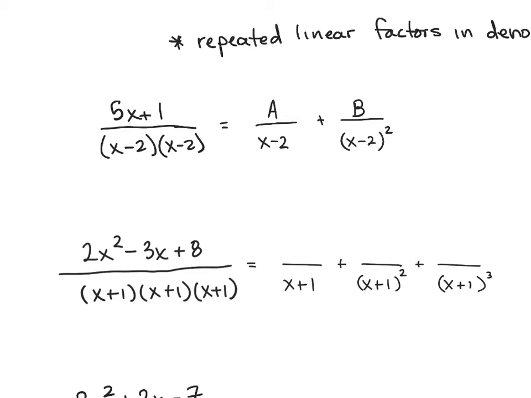Until finally the exponent here needs to match the number of times it repeats. So if it repeats 3 times, you continue to increase the exponent up to an exponent of 3. And then the numerators are just going to be constants, A, B, and C.